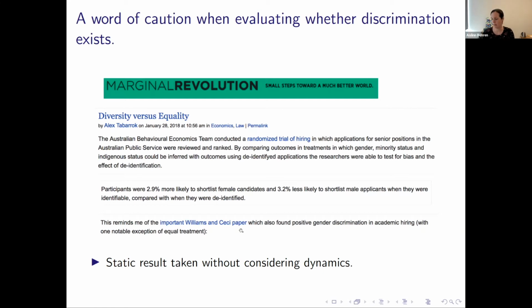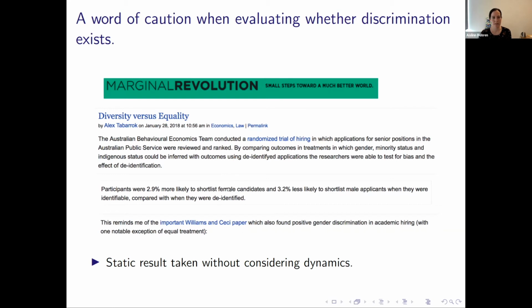Now, another thing, and this segues really nicely into what I want to talk about in the last 10 minutes or so: as I'm arguing, it's important to look at the discrimination in a given stage as a part of a broader picture of the dynamics.